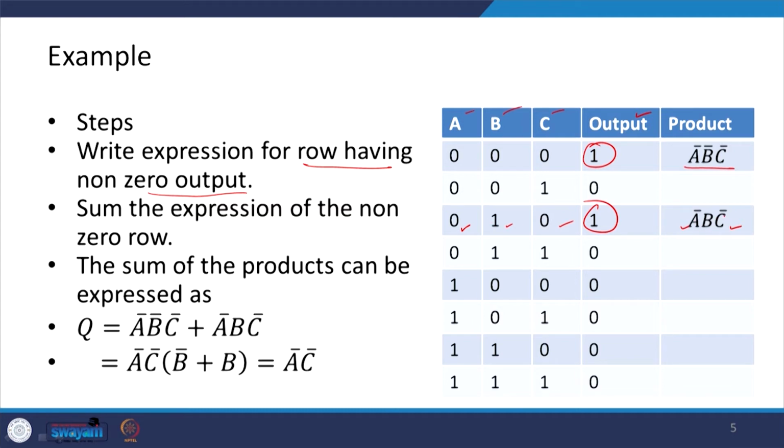The first step is to sum the expressions of the non-zero rows, and the sum of products can be expressed as A invert B invert C invert plus A invert B C invert. I can take A invert and C invert out. So I get B invert plus B, which is going to be equal to 1, leaving A invert C invert. This way I can convert this truth table into this Boolean expression.